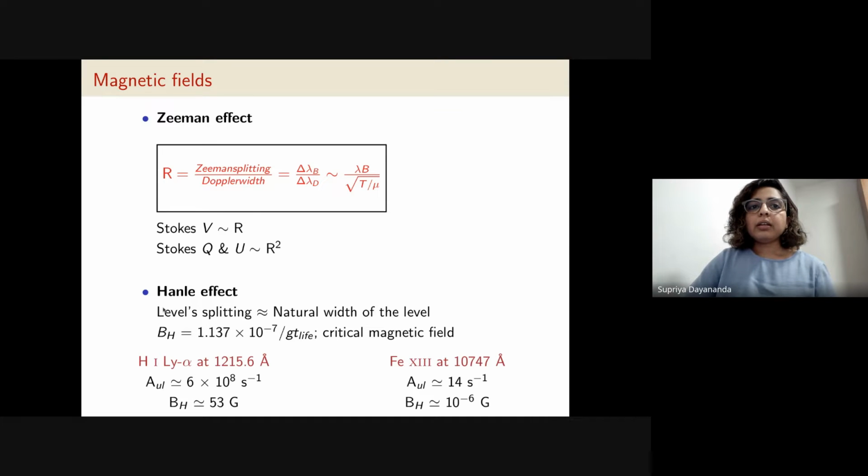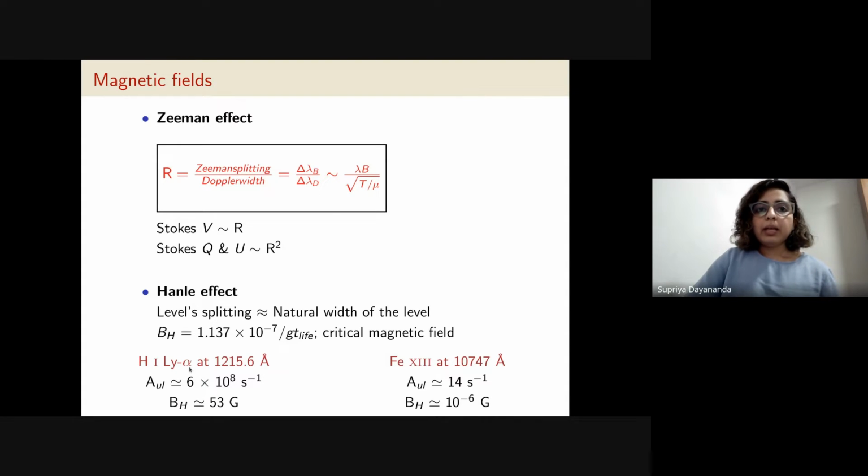If you look at some of the lines, for example the Lyman alpha line of hydrogen, it has a critical magnetic field of 53 Gauss. You see that this critical magnetic field expression is inversely proportional to the lifetime of the level involved in the transition, or you can say it is directly proportional to the radiative transition coefficient.